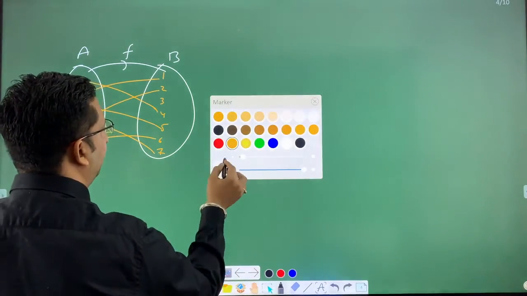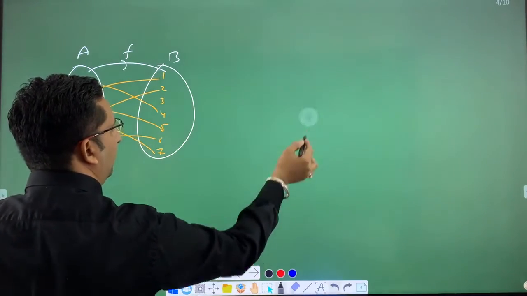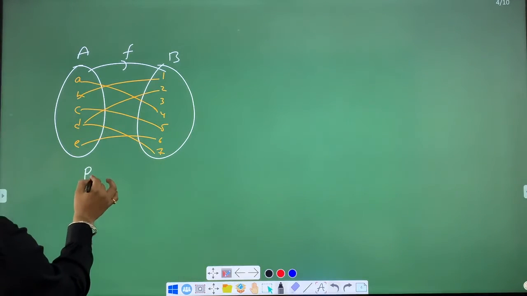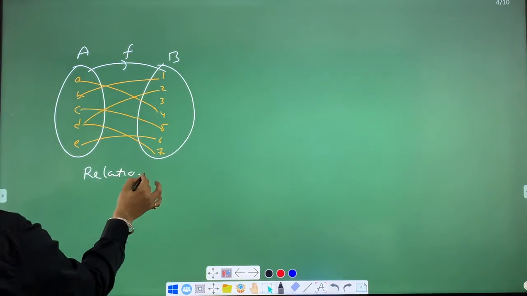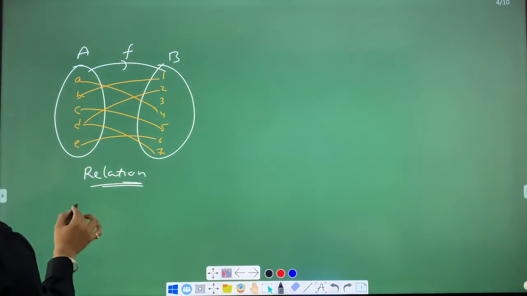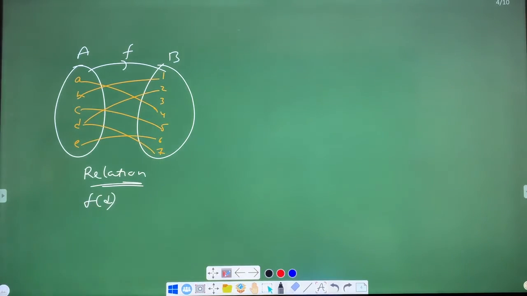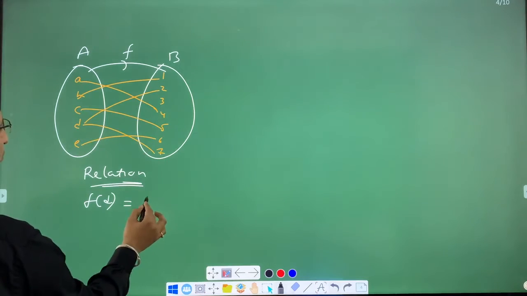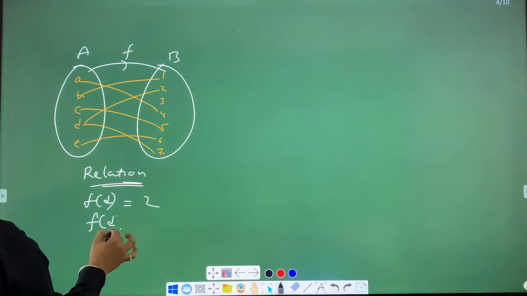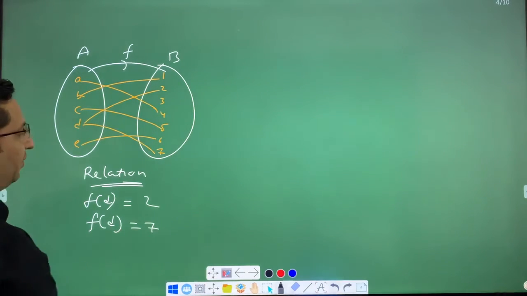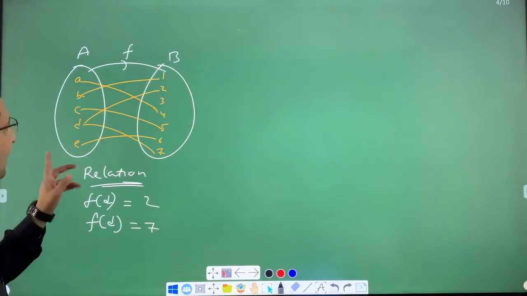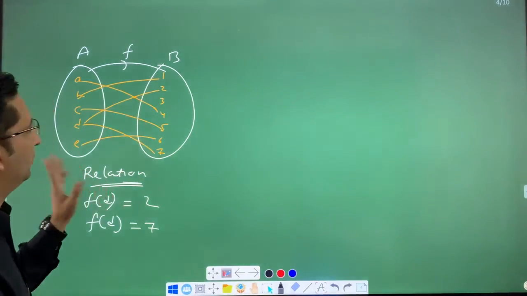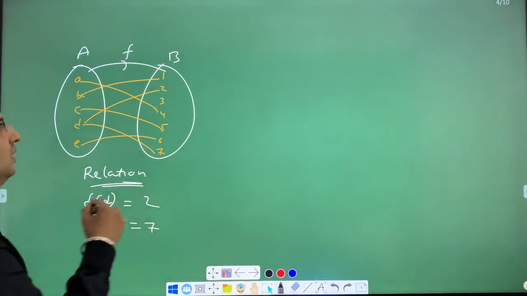Now, tell me, is this a function? No, it is a relation. Why? Here I can see if I substitute the value D, I am getting two values, one is 2 and one is 7. So these elements are not uniquely associated. So it is not a function, it is a relation.